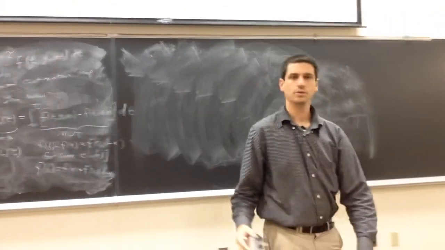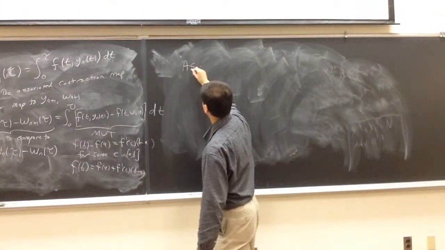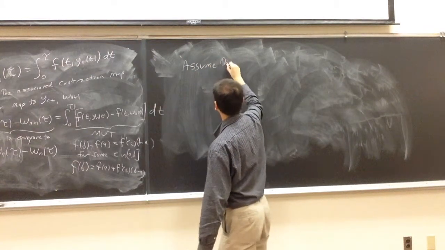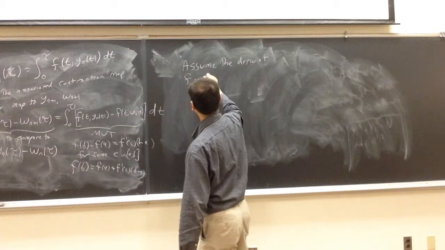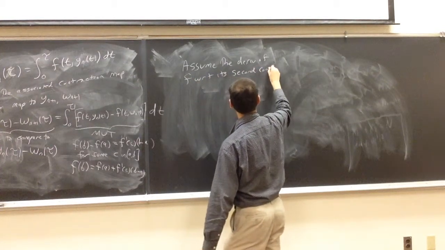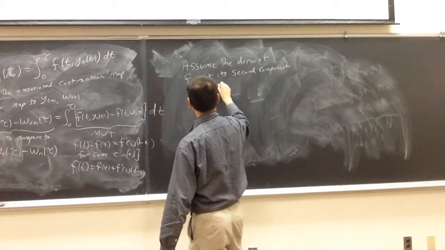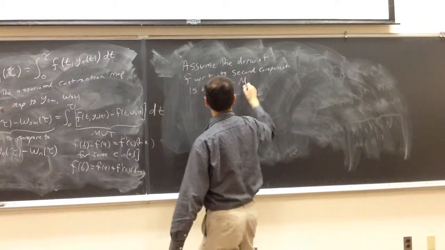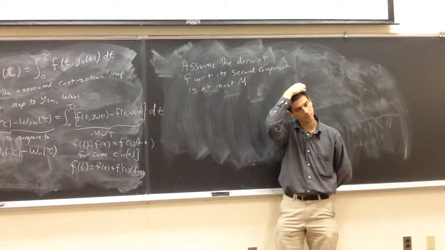So what we want to do now is assume the derivative of f with respect to its second component is at most some number m. So we're going to assume the derivative with respect to the second component is bounded.